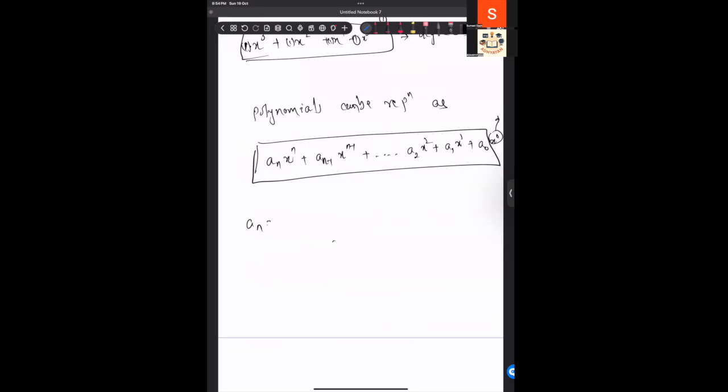If a_n equals a_(n-1) equals a_2 equals a_1, dot dot dot, which means the similar pattern is followed, and if these are all 1, then the form of the polynomial will become x^n plus x^(n-1) plus x^(n-2) dot dot dot x square plus x plus a_0. Let's say a_n equals a_(n-1), a_2 equals a_1 equals a_0.